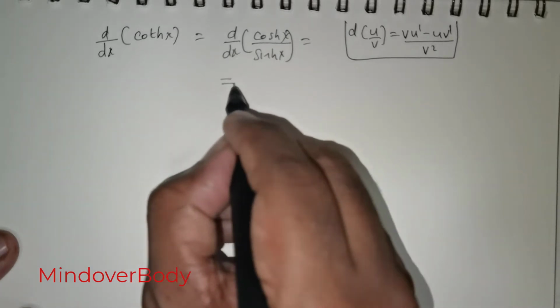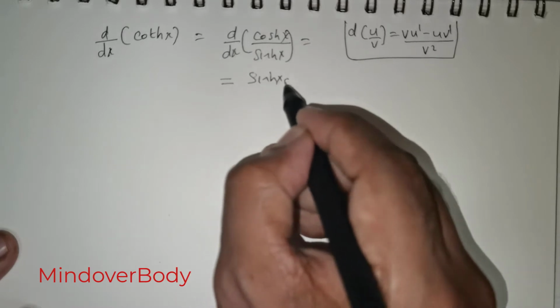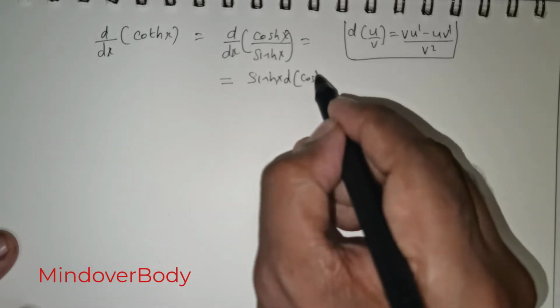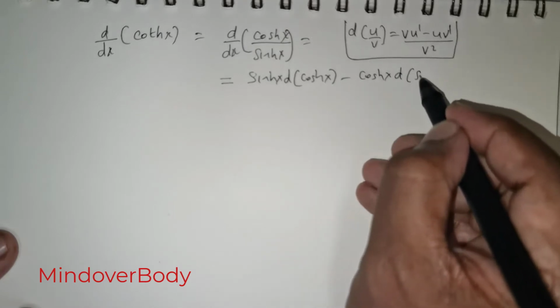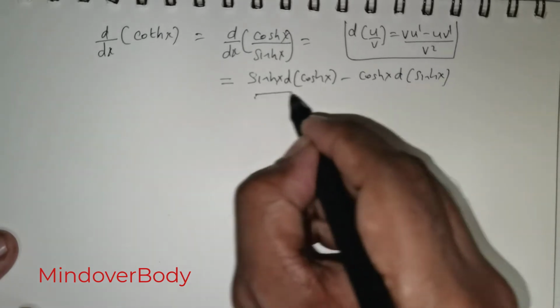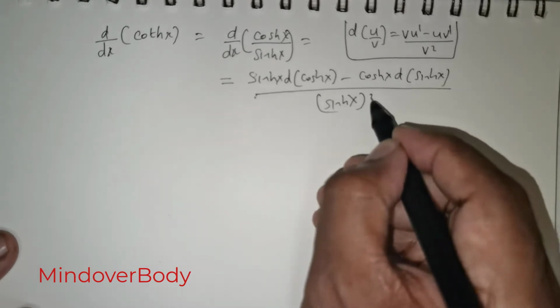So this is equal to u over v. This is going to be sinh x times the differential of cosh x, negative cosh x times the differential of sinh x, divided by sinh x raised to the power of 2.